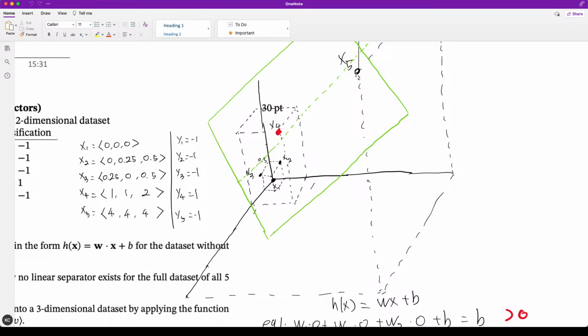So we want to put the separating plane so that x4, which is class 1, is above the plane, and x1, x2, x3, which are class -1, are below the plane. Can you imagine this spatial situation? So now we know how the linear separator would look in the 3-dimensional space.